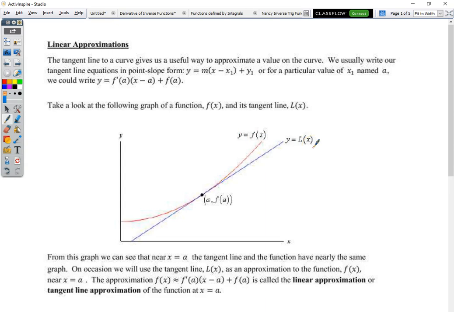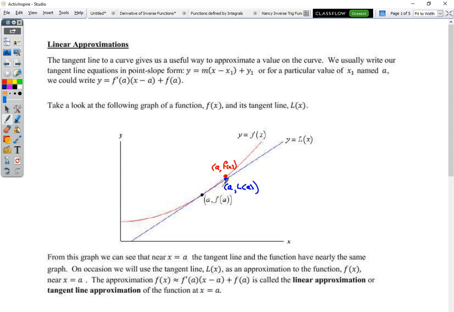If I wanted to know this ordered pair right here, this a comma f of a, we wouldn't necessarily be able to come up with that. But if I make a tangent line, while that may be a really gross number to calculate, this point right here, L of a, is a fairly close approximation.